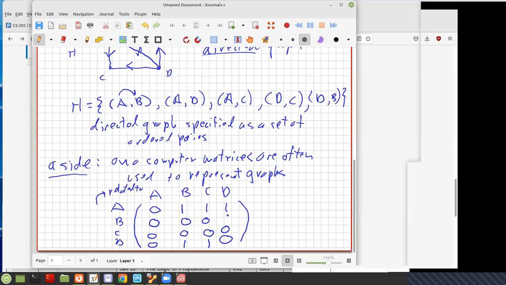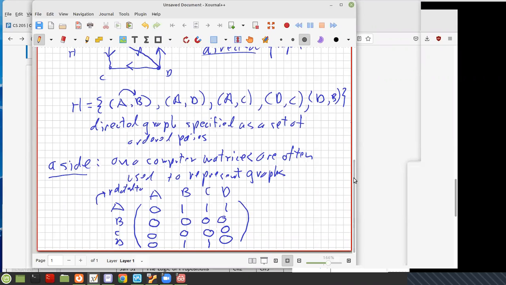Okay, that's this one there. We've got everything represented. So here's a matrix that represents this graph.